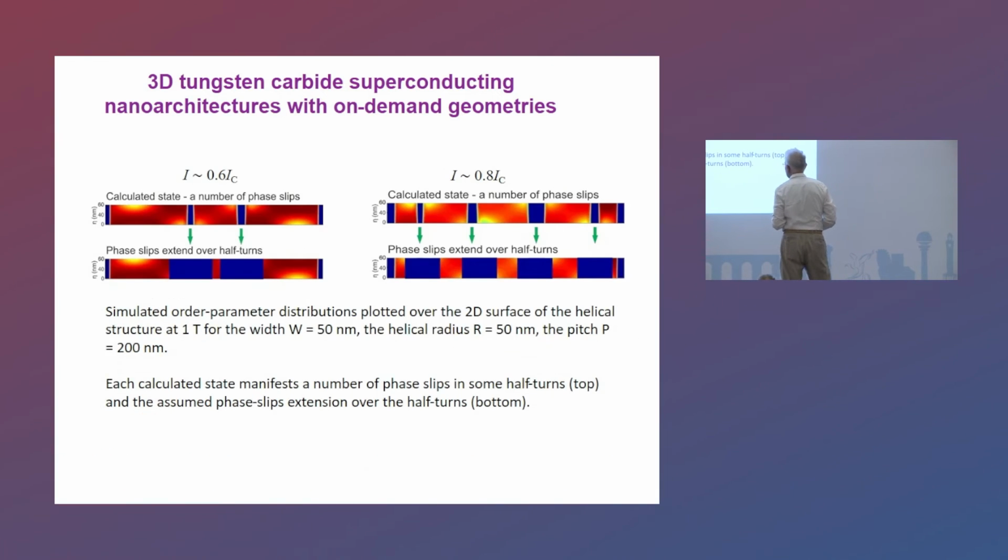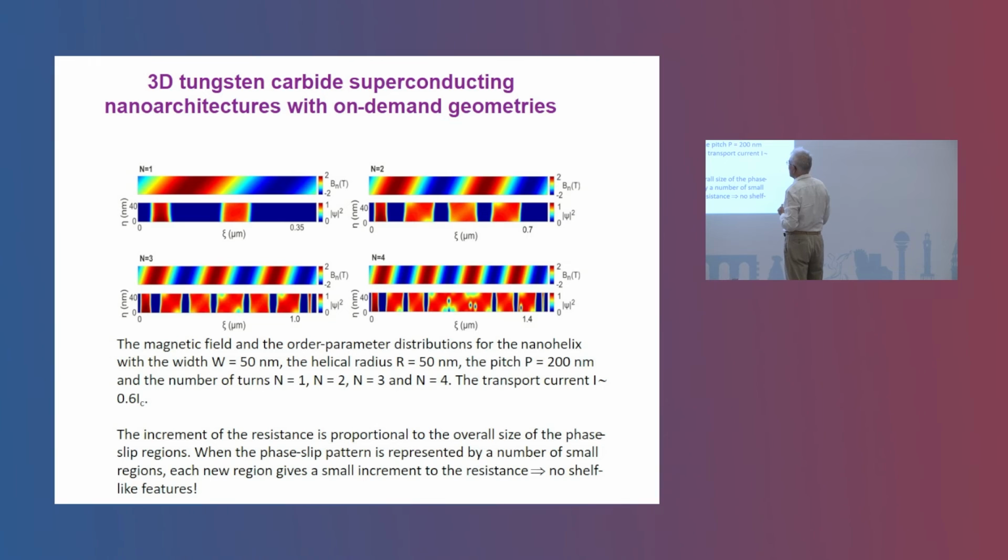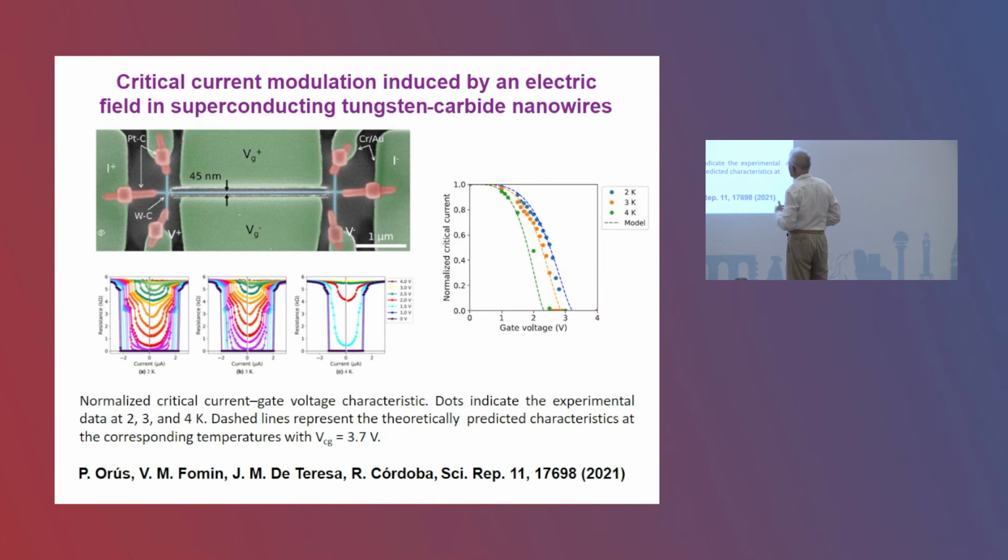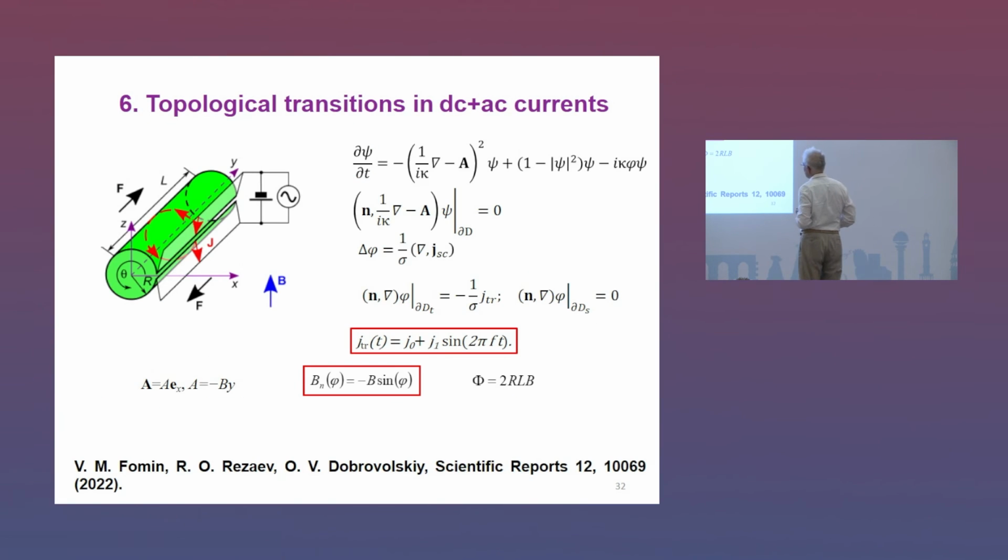Next one. This is how it develops depending on the number of half windings. Next one. This also shows the influence of an electric field. Next one. And very recent work was devoted to the response of nano-architectures to modulated transport current.